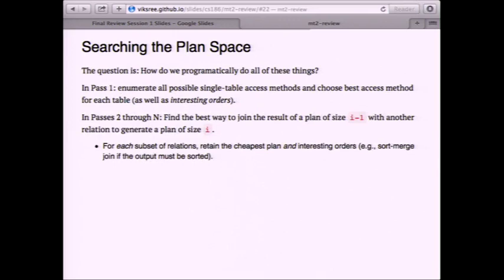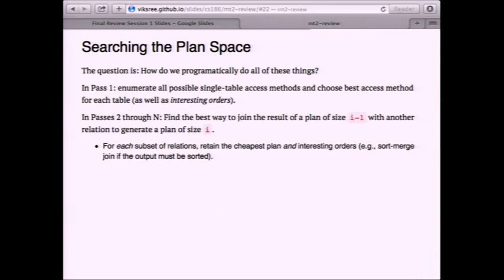The last thing we have to consider in creating a query optimizer is how we're going to search the plan space. Essentially, we're going to use a dynamic programming algorithm to search this plan space. In our first pass, we're going to look at each table, and for each table, what's the most efficient way to access this table?